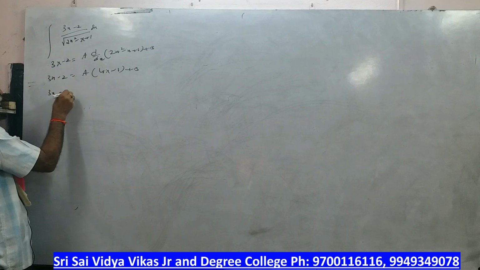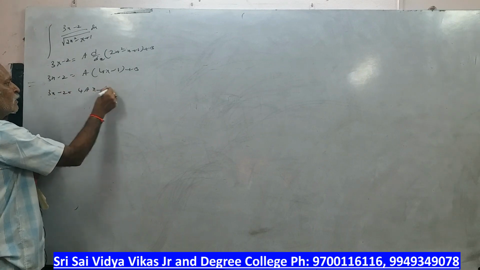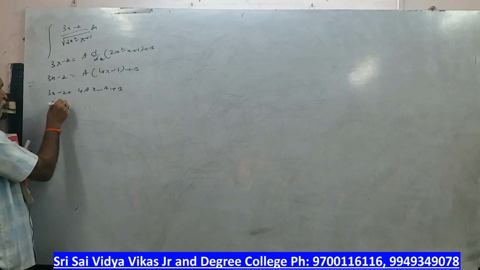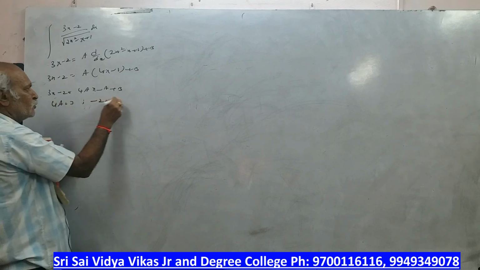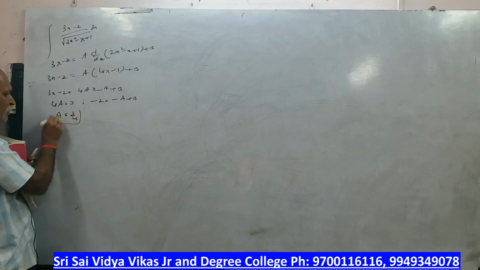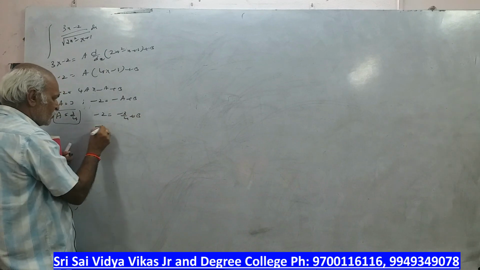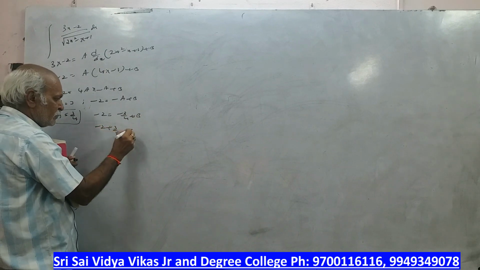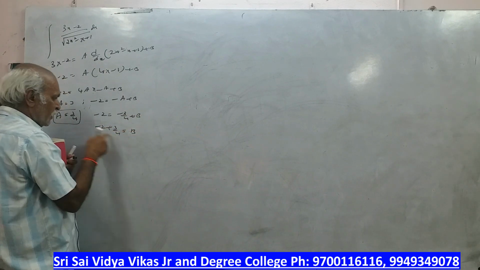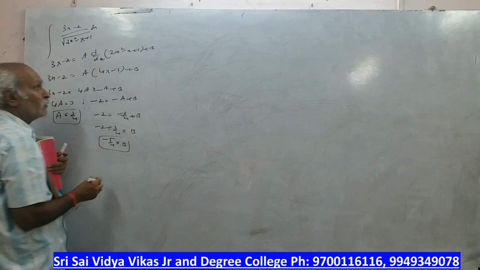So 3x minus 2 is equal to 4ax minus a plus b. So 4a is equal to 3 and minus 2 is equal to minus a plus b. So a is equal to 3 by 4, minus 2 is equal to minus 3 by 4 plus b. So minus 2 plus 3 by 4 is equal to b, which means minus 5 by 4. Okay, you got a value, b value.